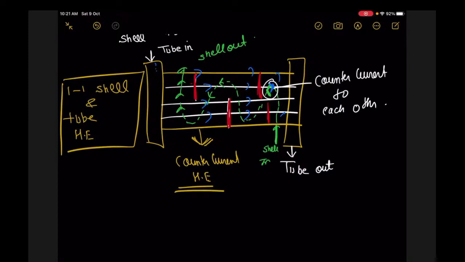Means there is one shell available, one tube available. Draw this diagram.